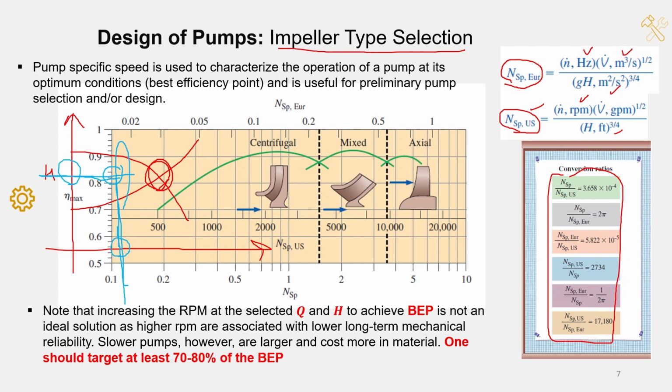Increasing the RPM in order to become closer to the best efficiency point will not work, as higher RPMs are associated with lower long-term mechanical reliability. Usually one should target at least 70 to 80% of the best efficiency point. And this is just a consideration, or a full picture, of the best efficiency point in the pump.